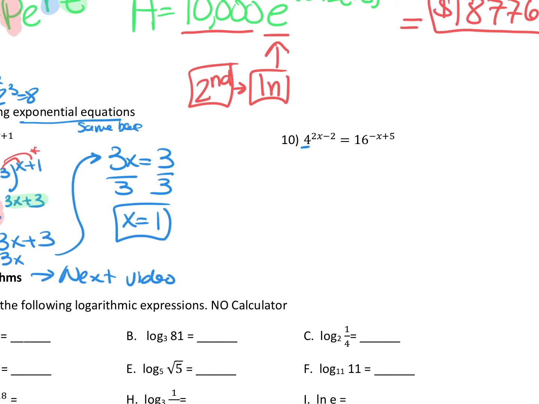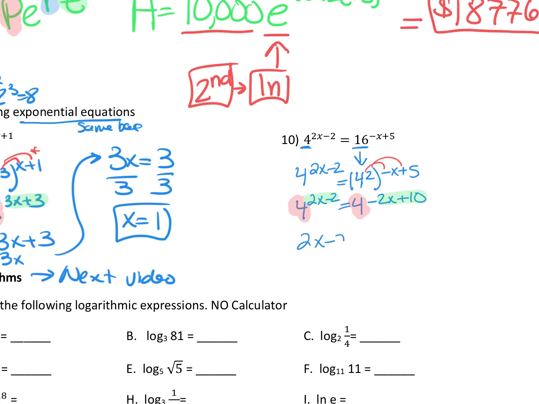Similarly here, I have a 4 and a 16. Well, I know that 16 is the same as 4 to the 2nd power. Distribute the 2. So I'm going to have 4 to the negative 2x plus 10 and 4 to the 2x minus 2. Now that my bases are the same, I'm going to set my exponents equal to each other.